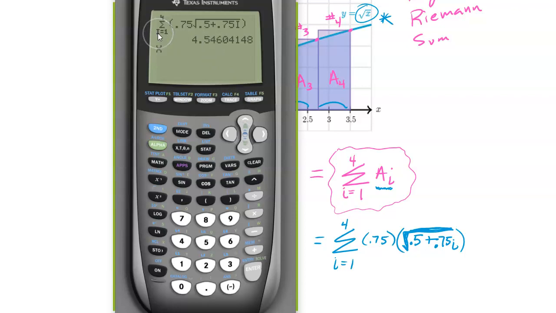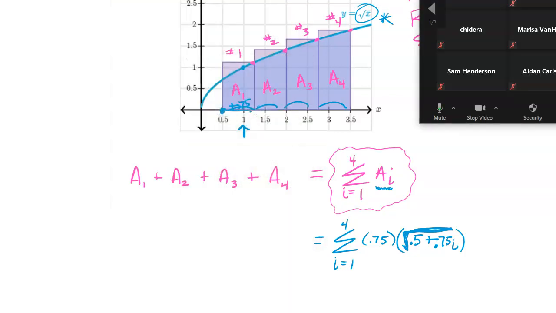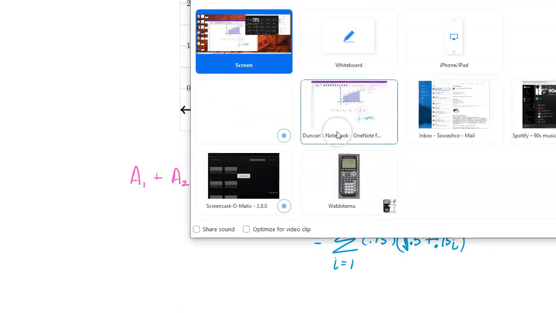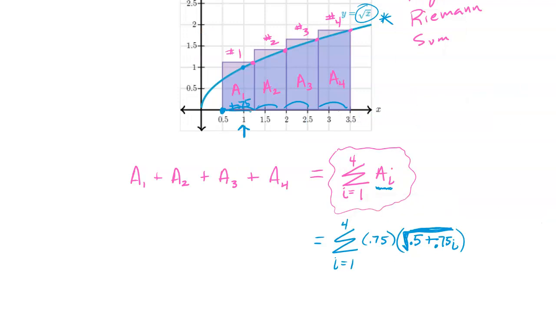As long as the variable you type in there is the same in both spots, you're good. Okay. Then I will minimize the calculator, and I'll put our regular notes back up here.